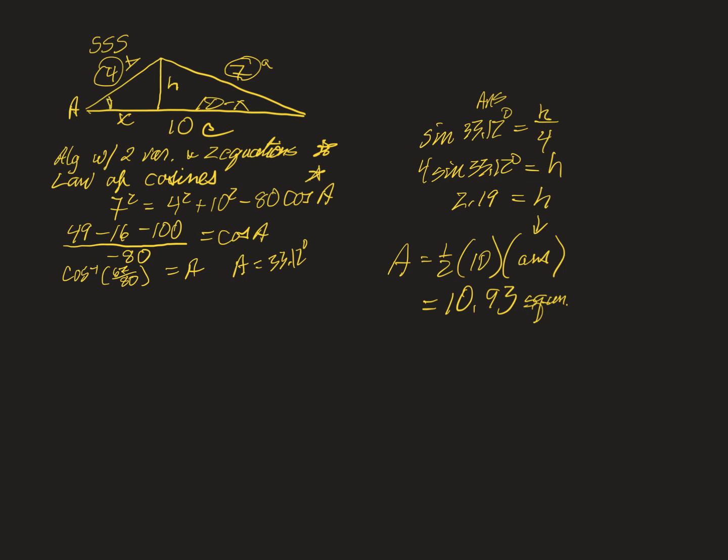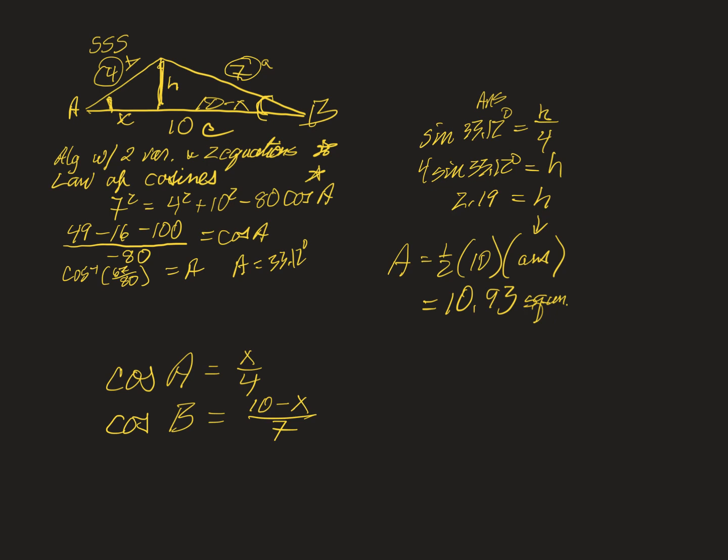For this angle here in its right triangle, I can say the cosine of angle A is equal to x over 4. And for this side over here, this angle B, oh, I can't do it this way. Too many variables. So over there, I'd have to say the cosine of angle B is equal to 10 minus x over 7.